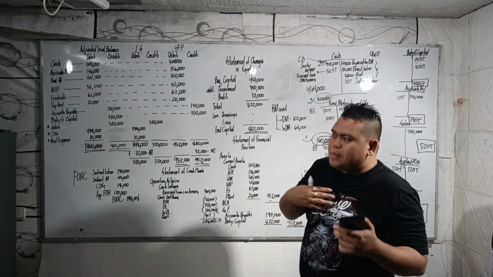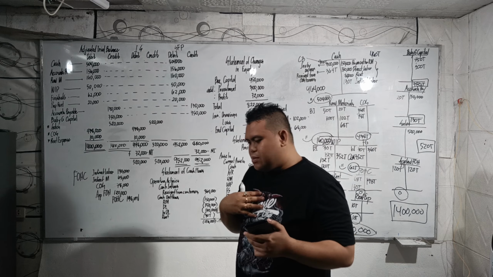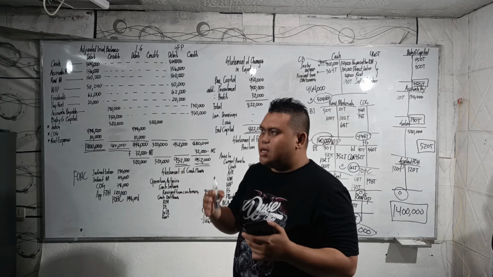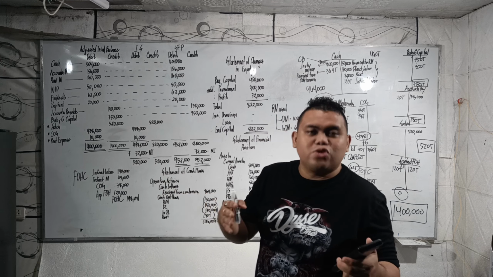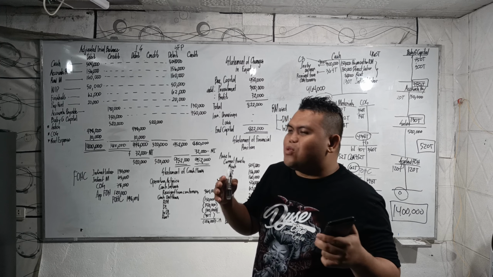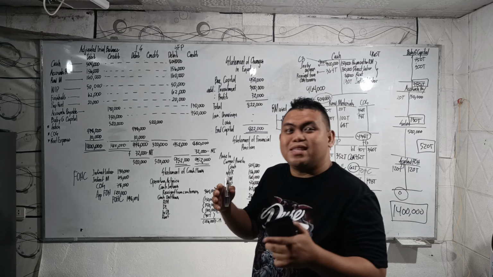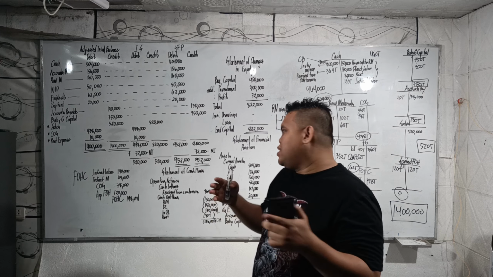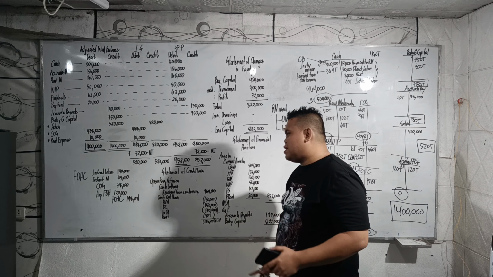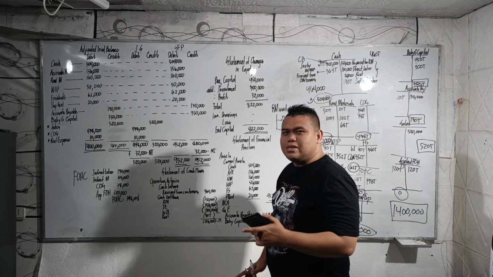And for me, in the question, is the company doing well as to performance? I would like to have a positive net income and a positive net cash flow from operations. That's much better. Okay?